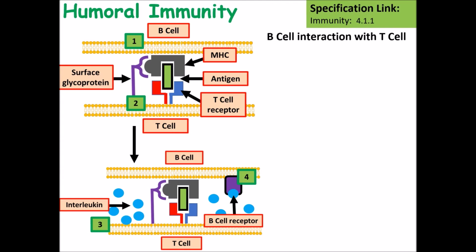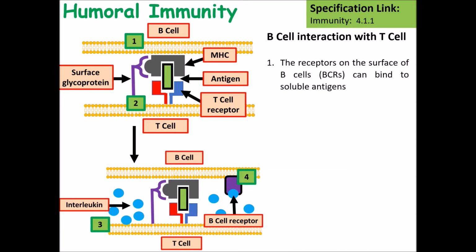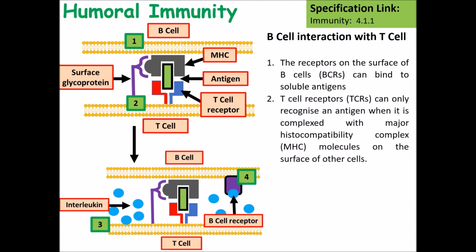When the B cell encounters a T cell that is presenting the correct shape antigen to activate it, the receptors on the surface of the B cells bind to that antigen. T cell receptors can only recognise an antigen when it's complexed with a major histocompatibility complex on its surface, so that's why it binds to that.